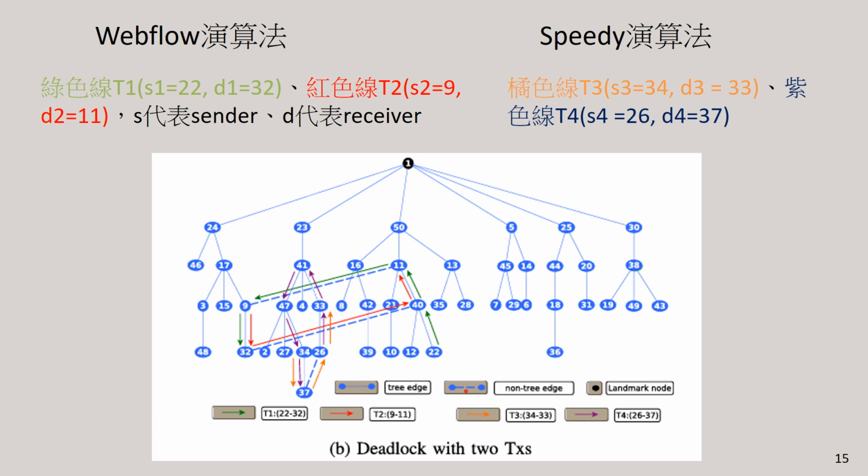In this case, T3 cannot acquire the edge 26 to 33, and T4 cannot acquire the edge 34 to 37, leading to a deadlock situation.